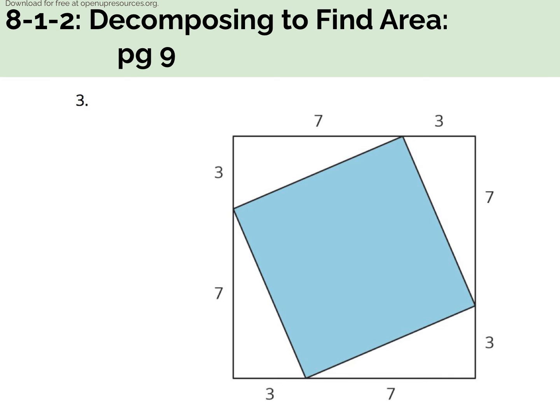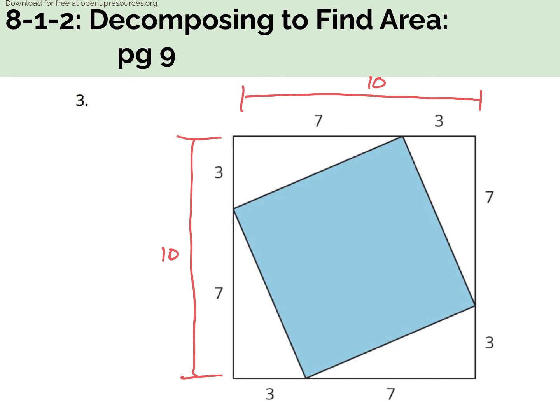All right, let's go ahead and figure out number 3. So this is without a grid, so we can't really count them, but we also have numbers here, right? So again, we're going to do the area of the bigger square minus off our triangles. So let's go ahead and the sides, if we do 7 plus 3 is 10. 10, okay?